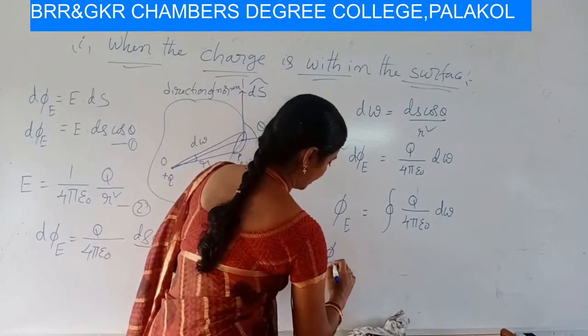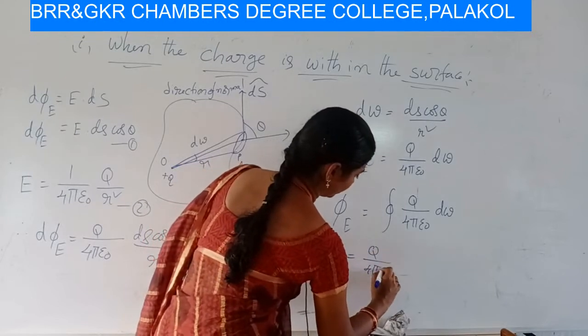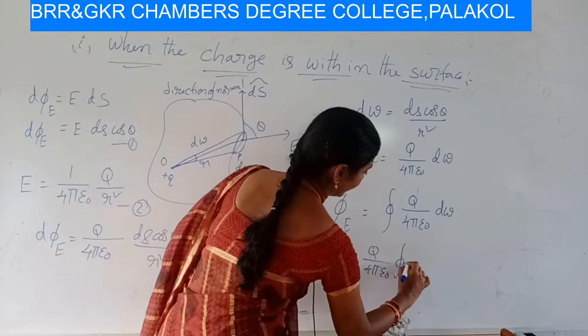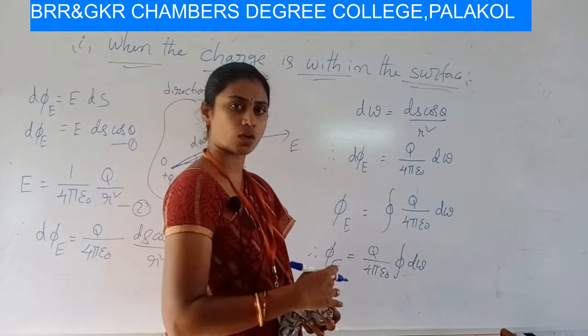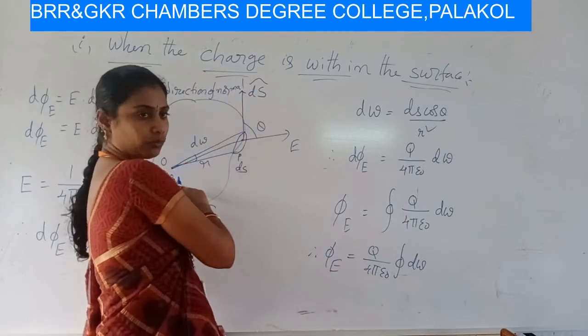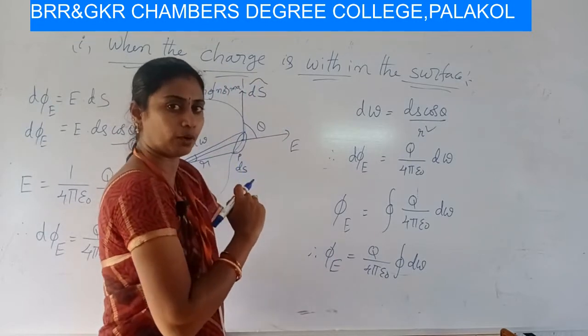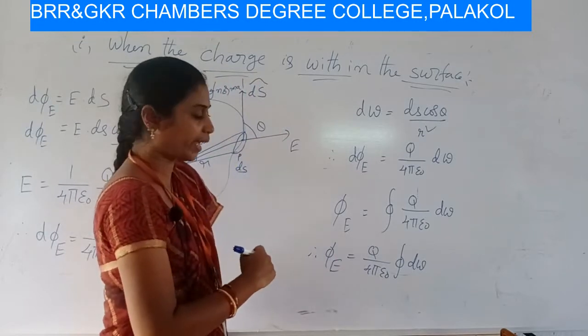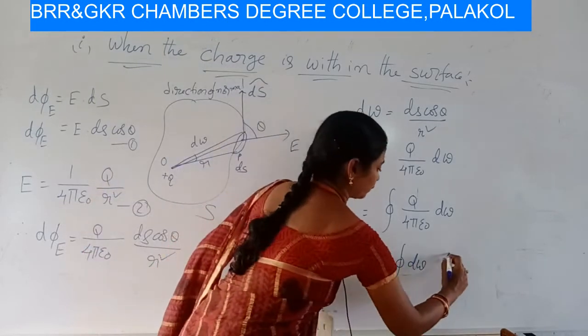Therefore phi E is equivalent to Q by 4 pi epsilon naught closed integral d omega. Here this closed integral d omega is the solid angle subtended by ds for the whole surface at O. Hence this value is identically equal to 4 pi, which is mathematically proved. Hence we take the closed integral d omega value as 4 pi.